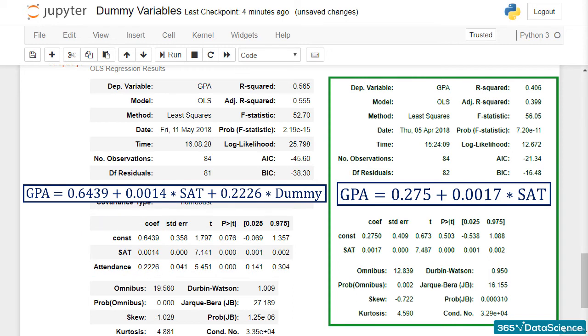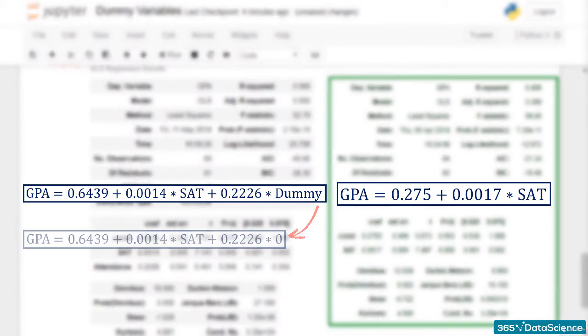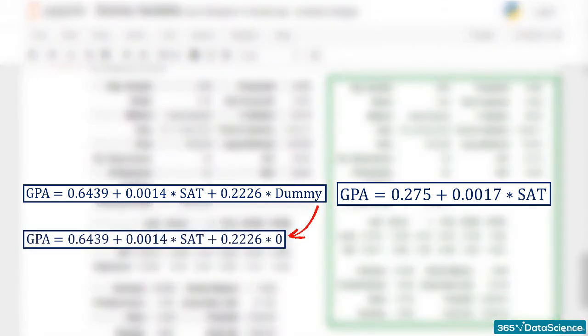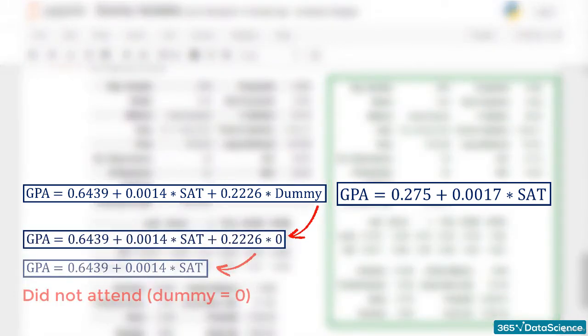Now, we said that the dummy is 0 or 1, so actually we can represent this equation with two others. If the student did not attend, the dummy will be 0, so 0.2226 times 0 is 0. The model becomes GPA equals 0.6439 plus 0.0014 times SAT.